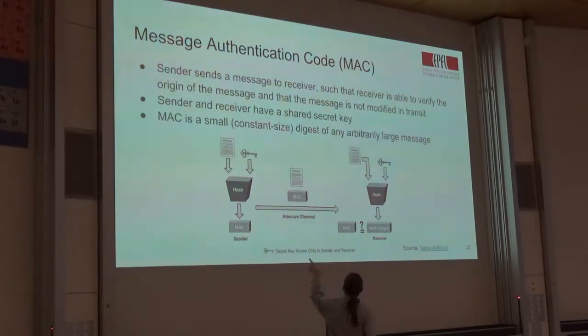Now, if only the sender and the receiver know that key, then any attacker, Eve, who's trying to forge a different message or flip any bit in that message, will change what the MAC should be in a way that the attacker can't forge.